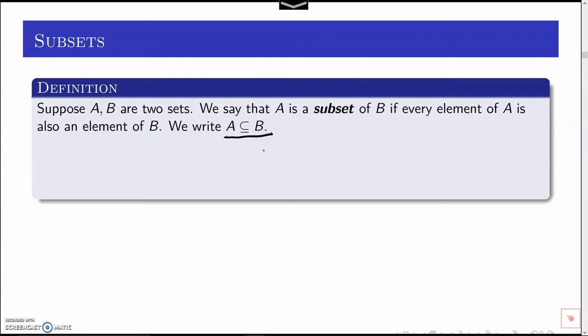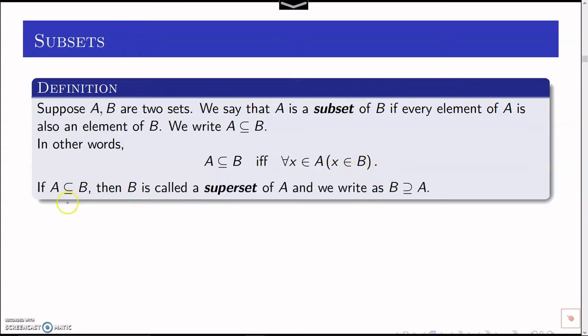In chapter 1, we have already seen how to write statements using quantifiers. So using quantifiers, this can be rewritten as: A is a subset of B if and only if for every x in A, x belongs to B.